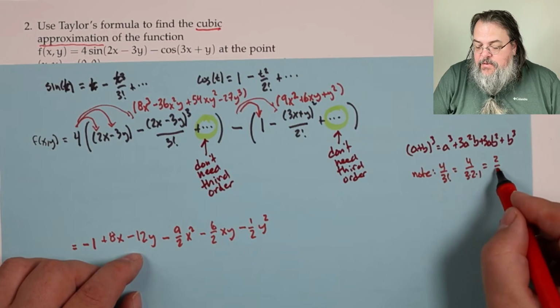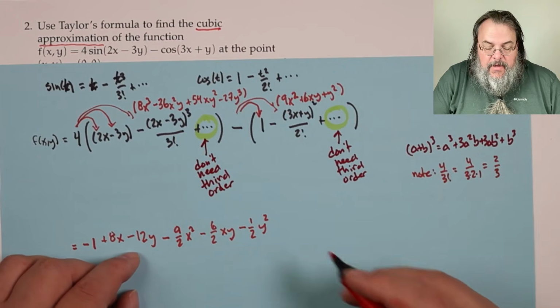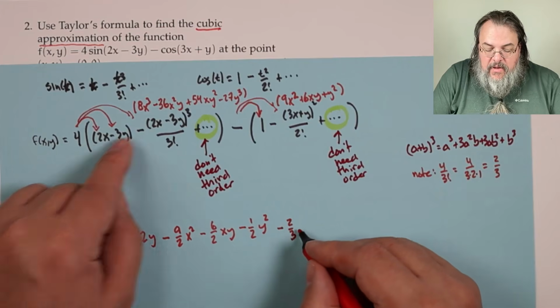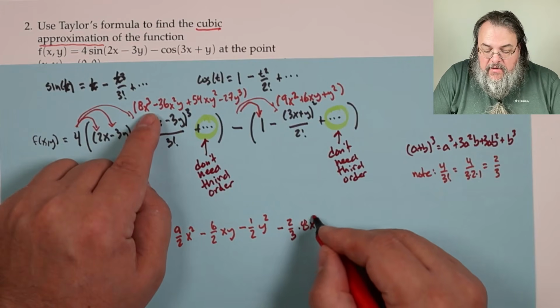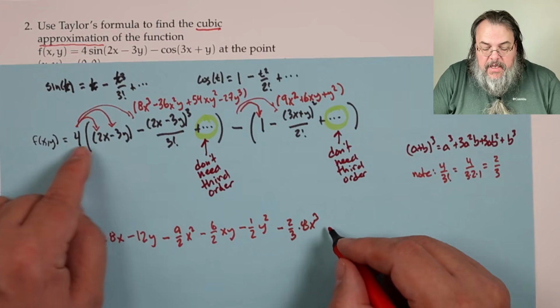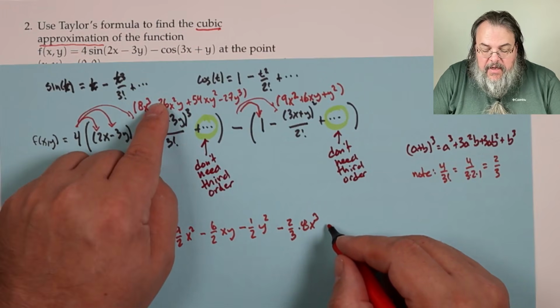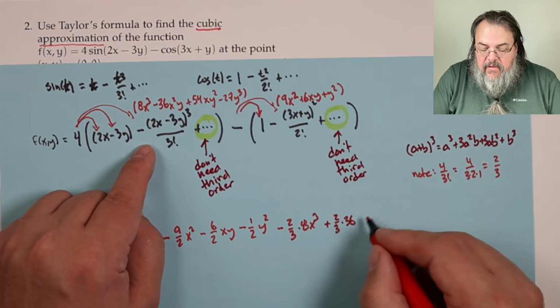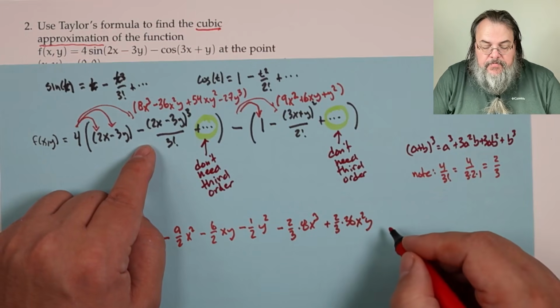That's the same as 2 over 3. So we'll just write it this way. So minus 2/3 times 8x cubed. Then we're going to get a minus and a minus. So that makes plus 2/3 times 36 x squared y.